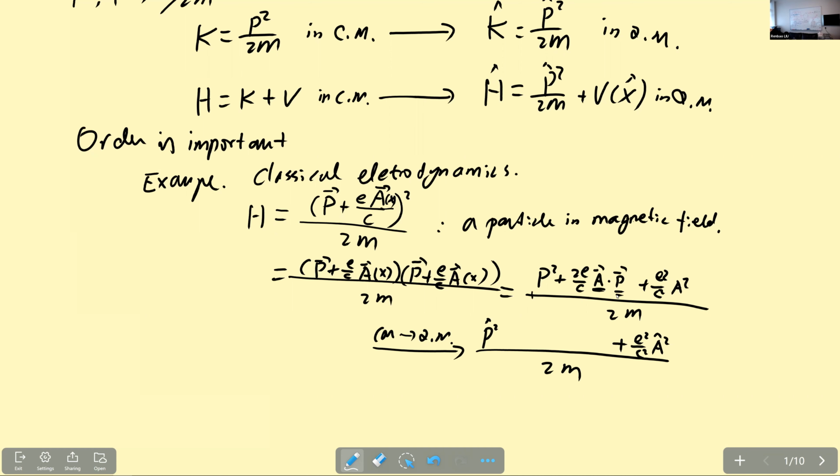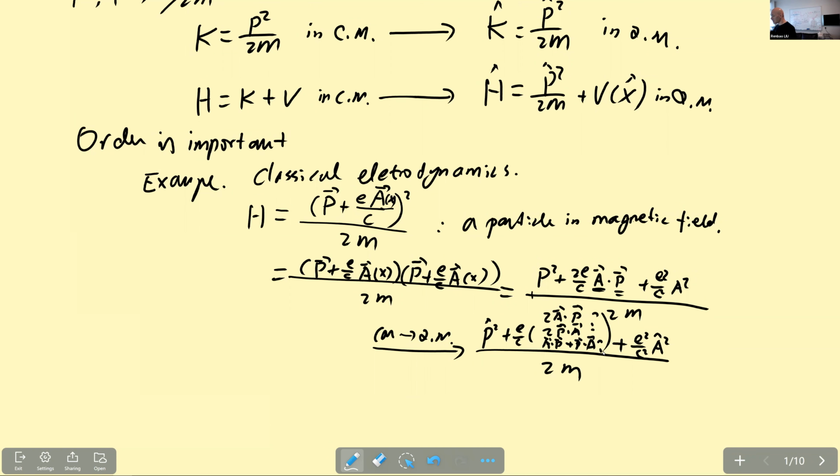This one is momentum. So you can have different choices. You can have, for example, 2A dot P, or 2P dot A, or A dot P plus P dot A. So which one should be correct? In principle, this is not determined. So you have three choices. You can put A in front of P, you can put P in front of A, or you can put a symmetrical combination.